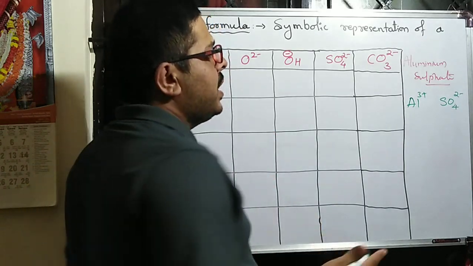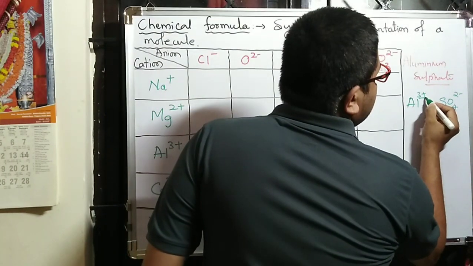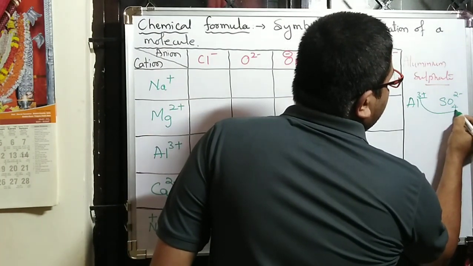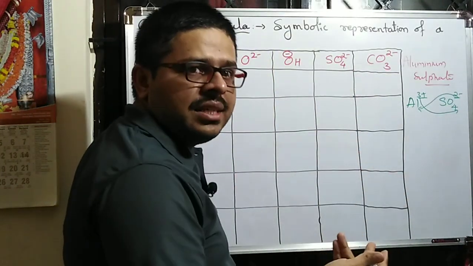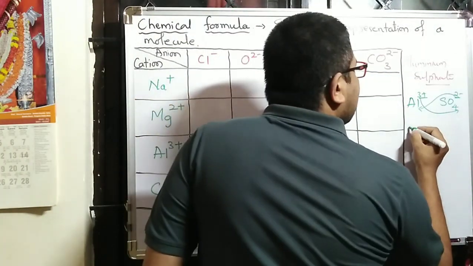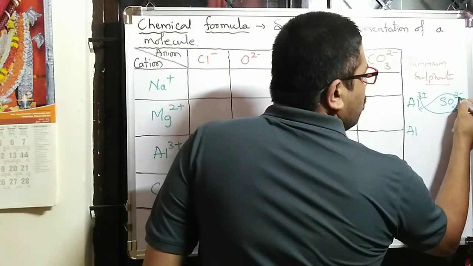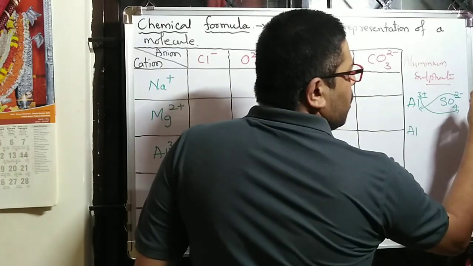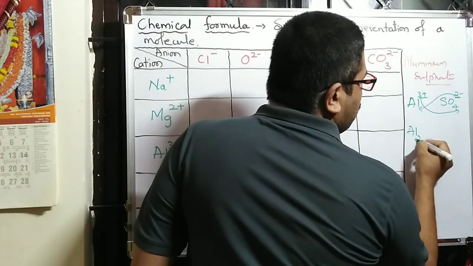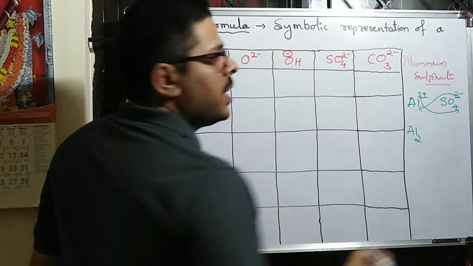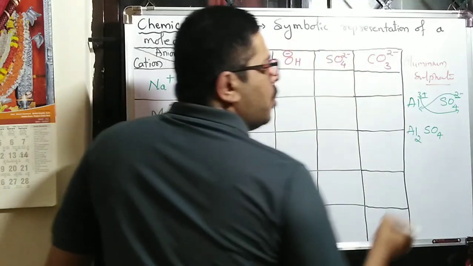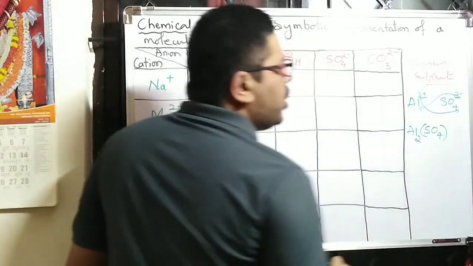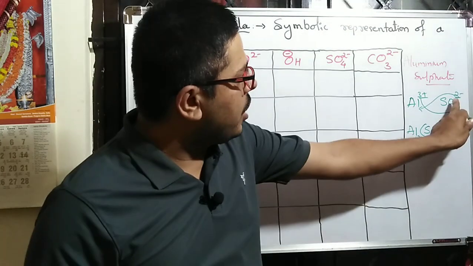So hence remember, this 3 of the 3+ you write here, and this 2 you write here. Just you cross it. So now what happens? Al2. Leave the minus, write only 2. Then SO4 you write as it is. You have to write the bracket because it is a molecular ion.